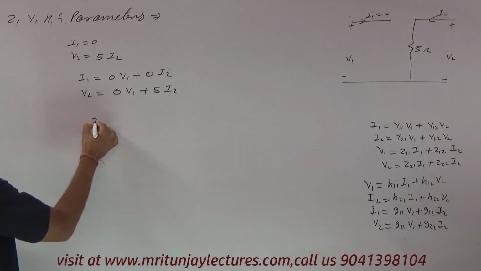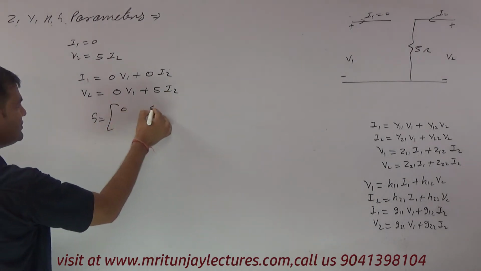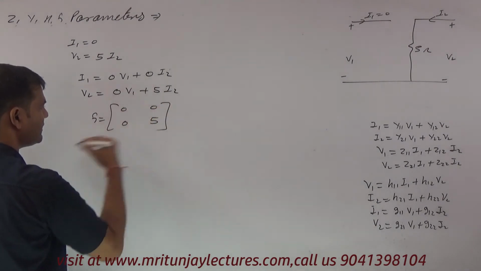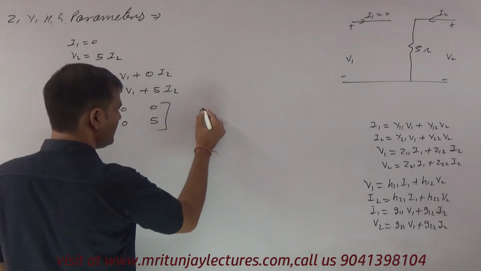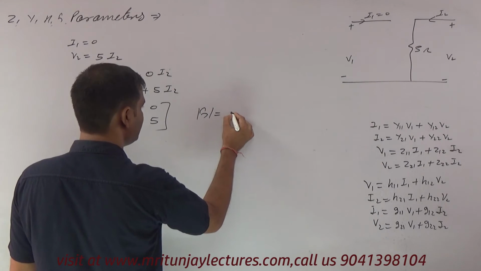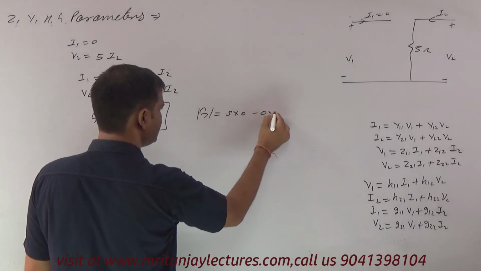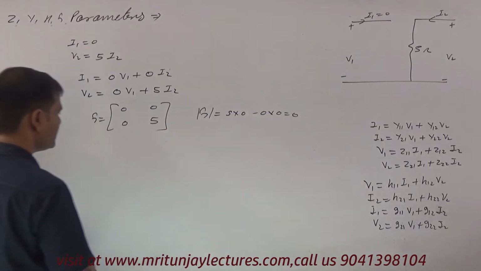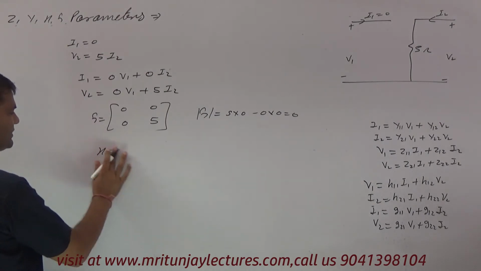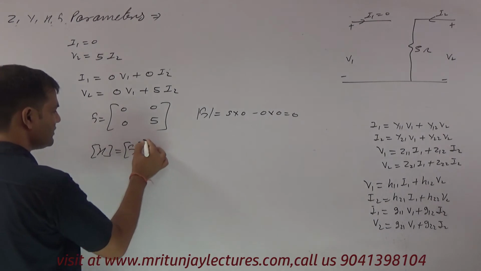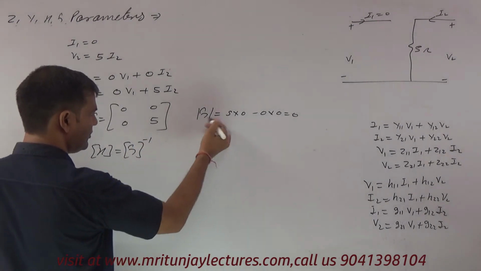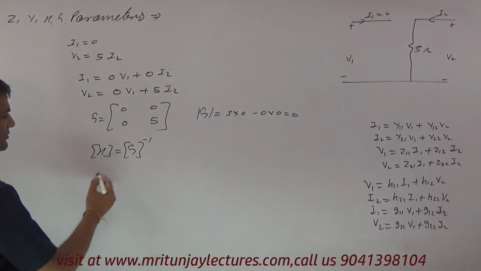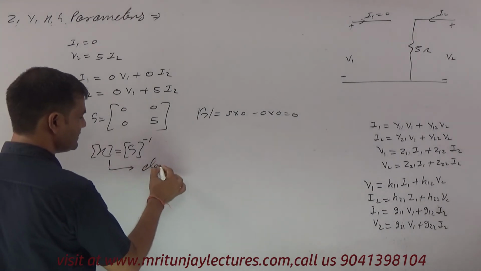So what about the G parameter? That is 0, 0, 0 and 5. Clear? So what about mod G? That is 5 into 0 minus 0 into 0, that is 0. So what about the H parameter? I know that H is the inverse of G, and mod G is 0, it means it does not exist.